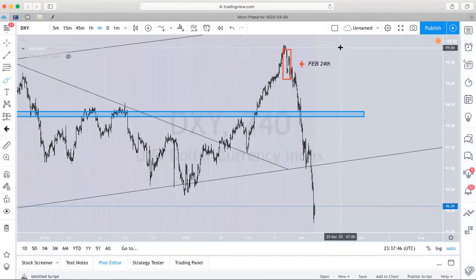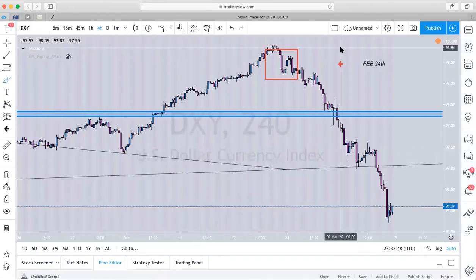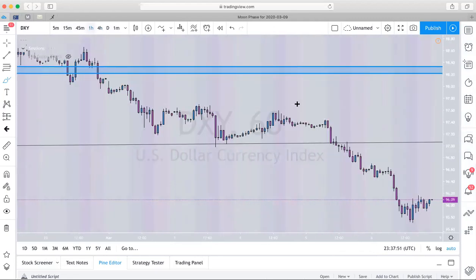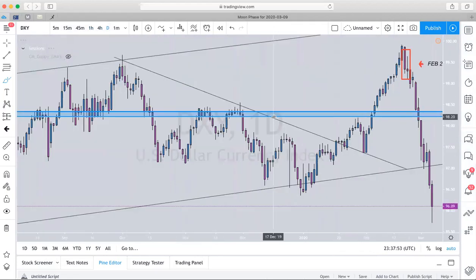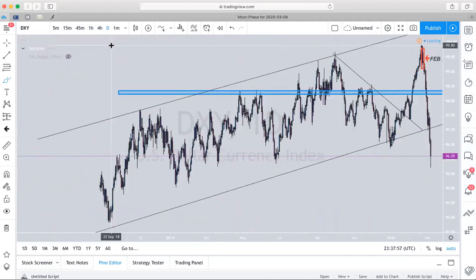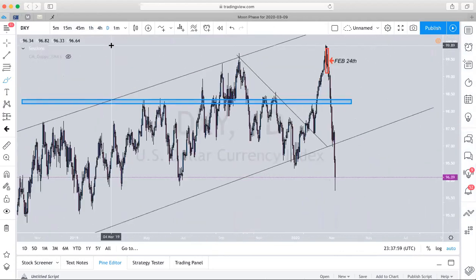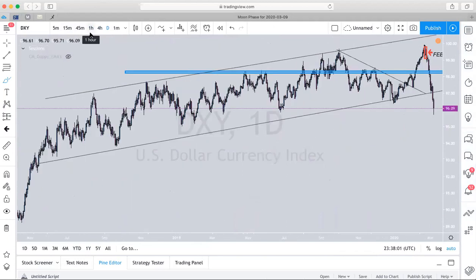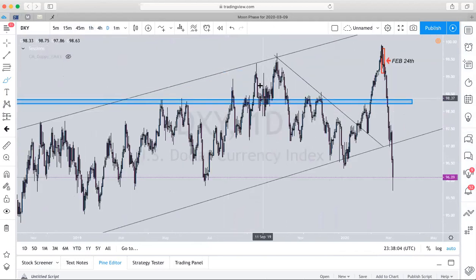So this was the day that Trump passed a bill to Congress about the coronavirus right here. This can't be real, you know? When structure predicts something like this. Happened to retest the high of the beginning of the fourth quarter, October 1st.